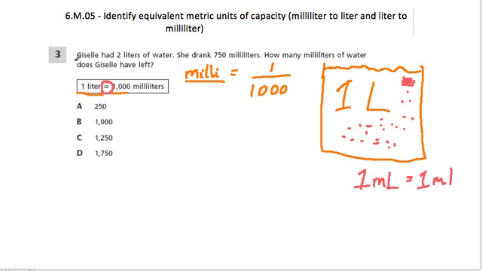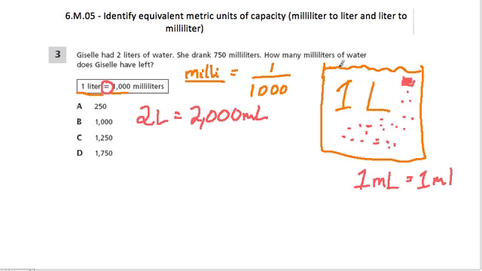So here, this person, Giselle, had 2 liters of water. So how many milliliters is that? Well, every 1 liter is 1,000 milliliters. So 2 liters equals 2,000 milliliters. She drank 750 milliliters.